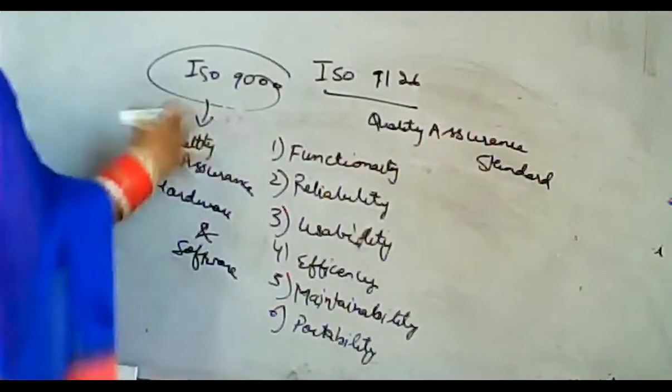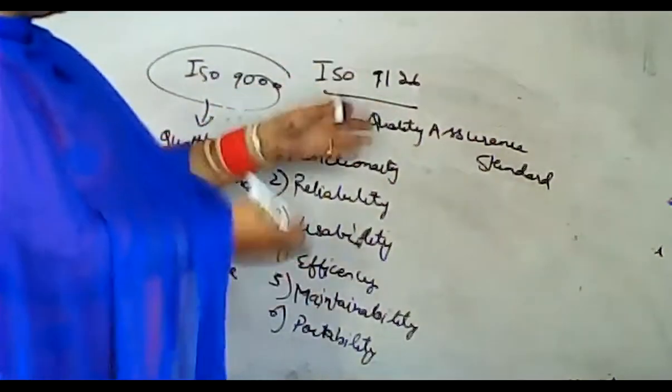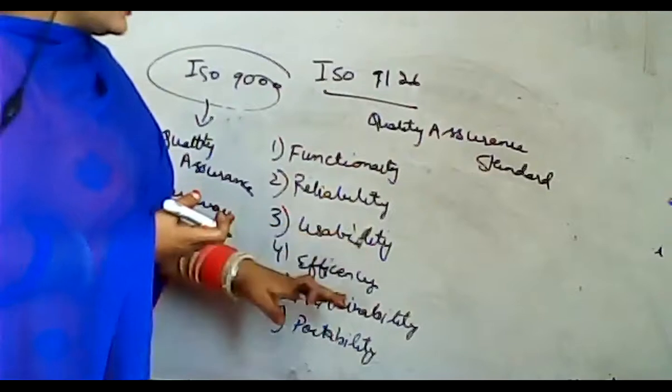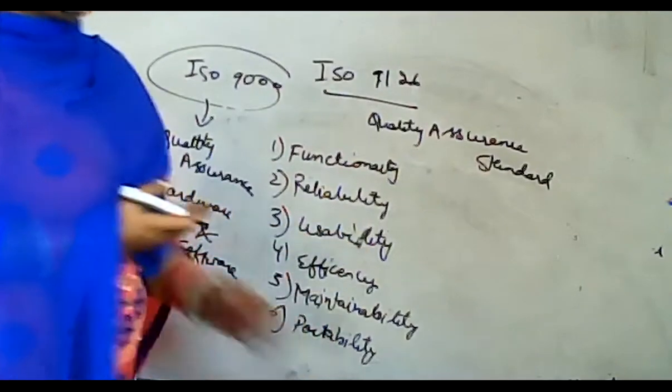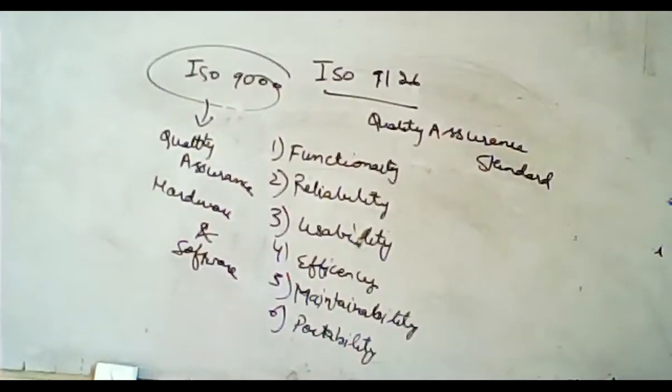This is the basic standard model from which ISO 9126 was based on the following factors: functionality, reliability, usability, efficiency, maintainability, portability. So these should be there for achieving this ISO 9126 standard.